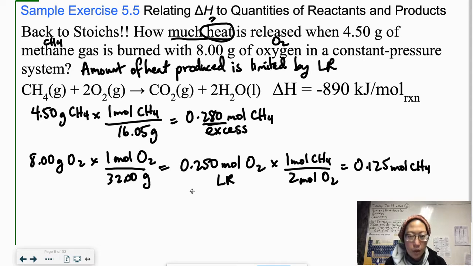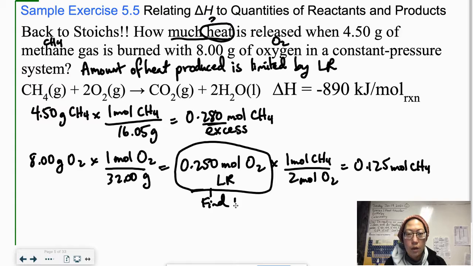So now I can take my limiting reactant and use that to find the heat. Okay, so I can take my 0.250 moles of O2 and find the heat we get from the thermochemical equation. So it's minus 890 kilojoules for every 2 moles of oxygen.